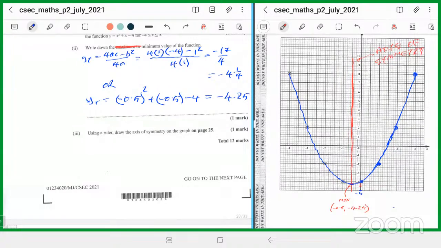Today I'm going to send to the group May 2023, January 2021. No, January 2022. I'm going to send May 2022 and this one, July 2021.